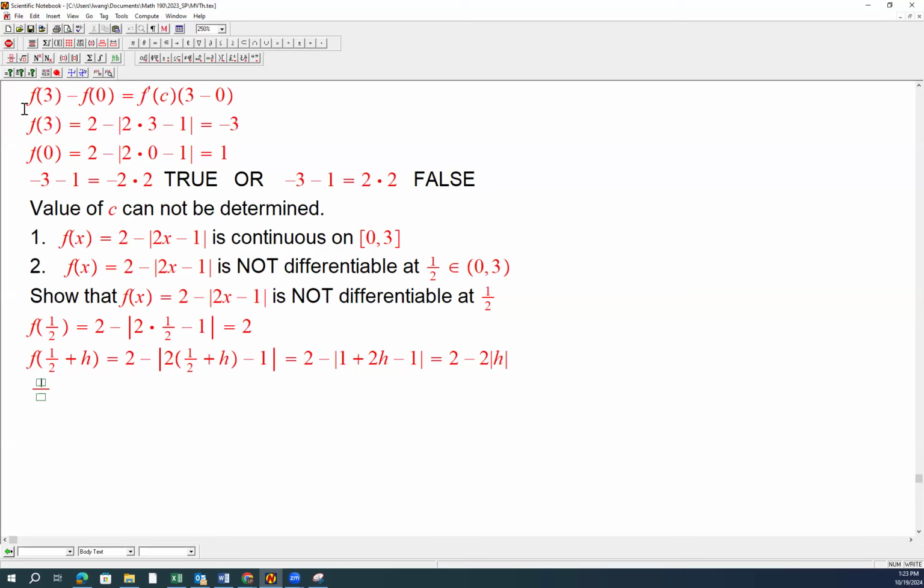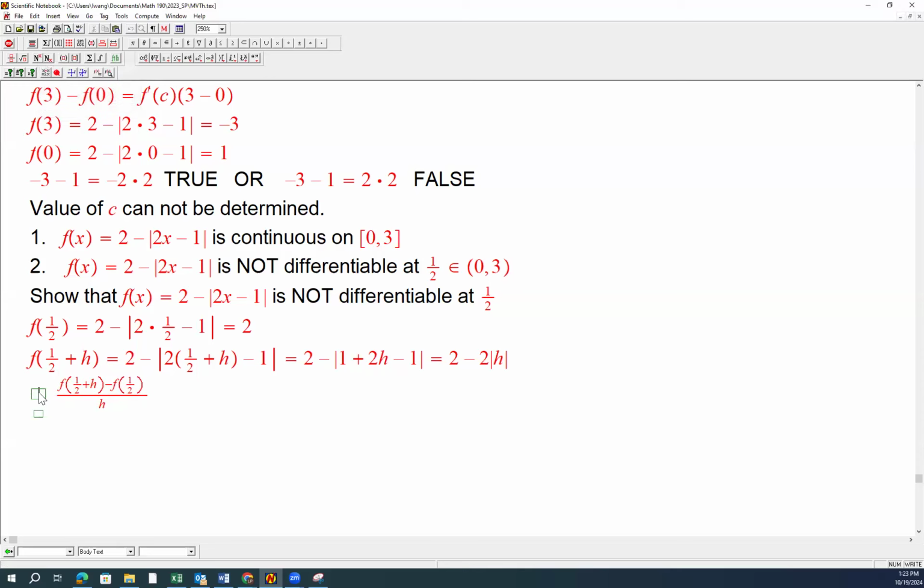We are getting closer to the definition. So we're going to compose the definition. F of h. Okay, so this is the definition that we are pretty familiar with.